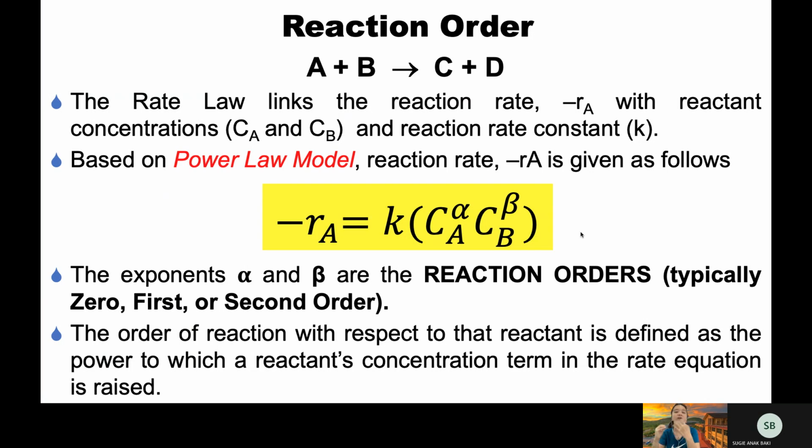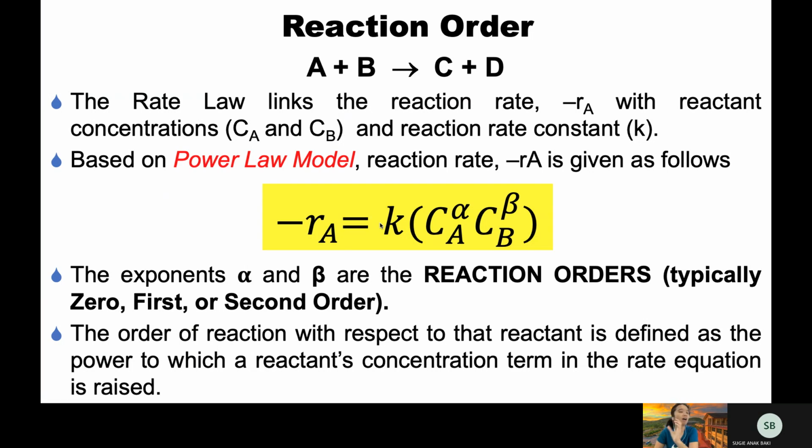Rate of reaction we measure in terms of minus rA, rate of disappearance, A is for compound A. So minus rA is the rate of disappearance of compound A. How do we determine minus rA? Minus rA is determined based on a power law model. We call this the power law model, where they have certain terms in the power law model in order for us to find minus rA.